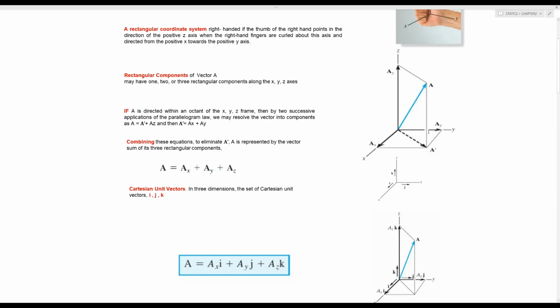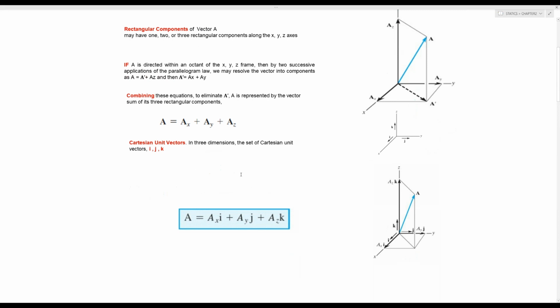And then A dash itself has two components along the x and y axes. Therefore, A dash is equal to Ax plus Ay. Combining A equals A dash plus Az and A dash equals Ax plus Ay, we get A equals Ax plus Ay plus Az. But we shouldn't forget the unit vectors.